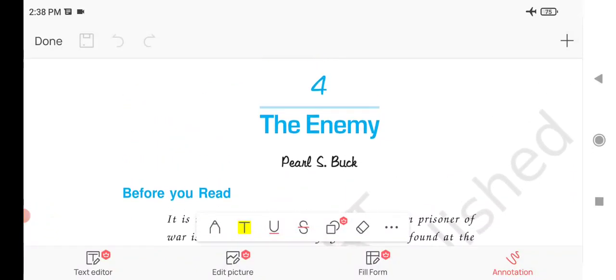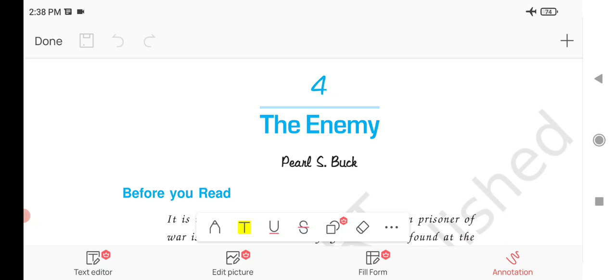Today we are going to begin a new chapter. It is called The Enemy and it is written by Pearl S. Buck. So, before we proceed with the text, let's discuss a few things about the author. Pearl S. Buck was born in the year 1892. She is an American writer and novelist. She also has a Chinese name as she spent her childhood in China.